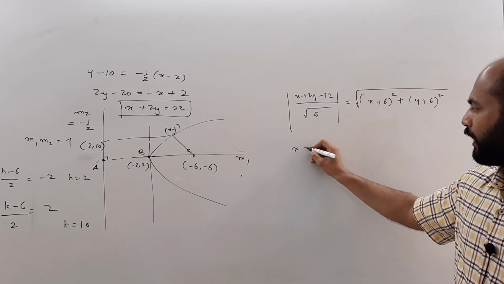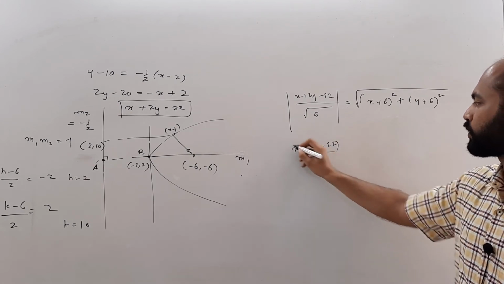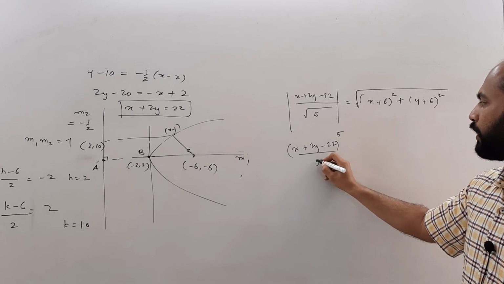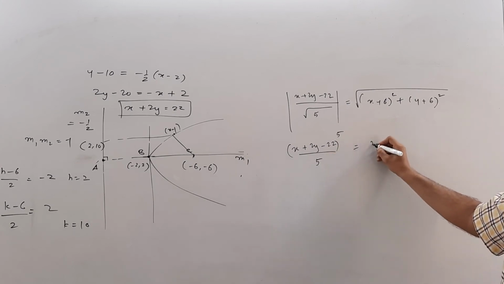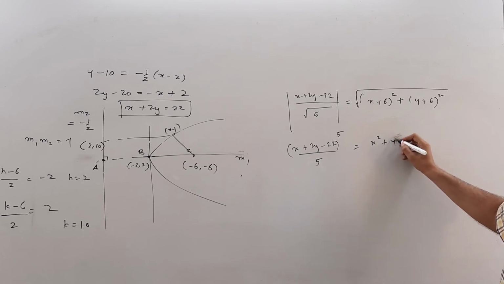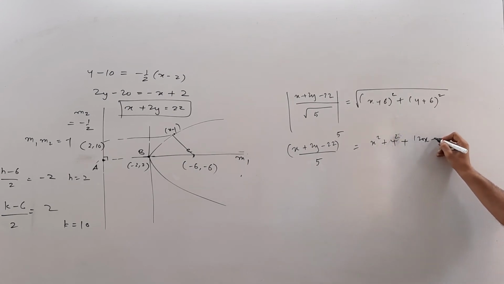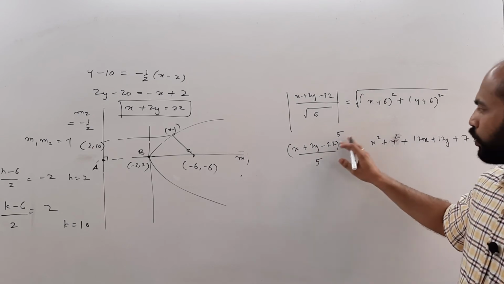So this is going to be x plus 2y minus 22 the whole square by 5. This is going to be x square plus 36. Let's write it properly, x square plus y square plus 12x plus 12y plus 72. Let's square this also.